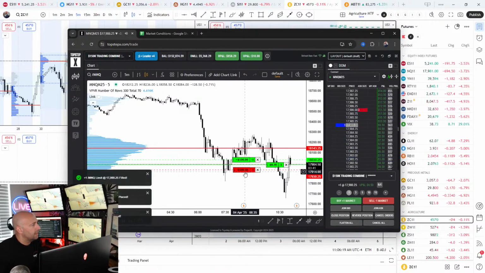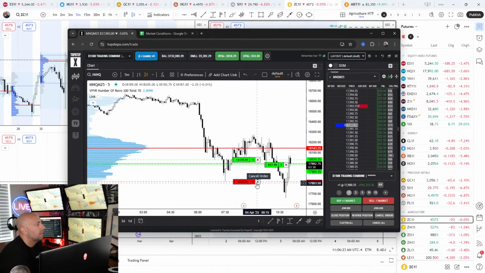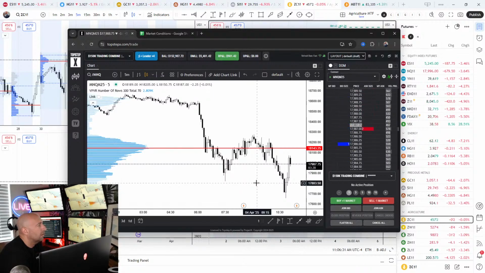Scaling into a little position here. It's probably just a bounce. I want to get a little lower. $9.10, that's still kind of far, actually. 910, between 910 and 950, that's a huge area.